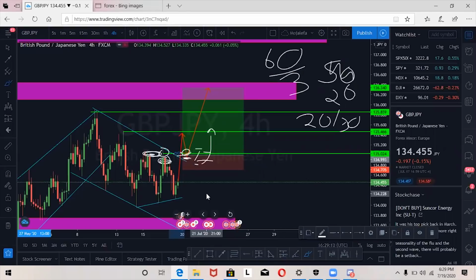So if you decide, you know what, I'm scaling in so hard, sometimes what happens is the market can go in your direction first. Then you're already seeing maybe 25% reward. You're like, wow, this is nice.